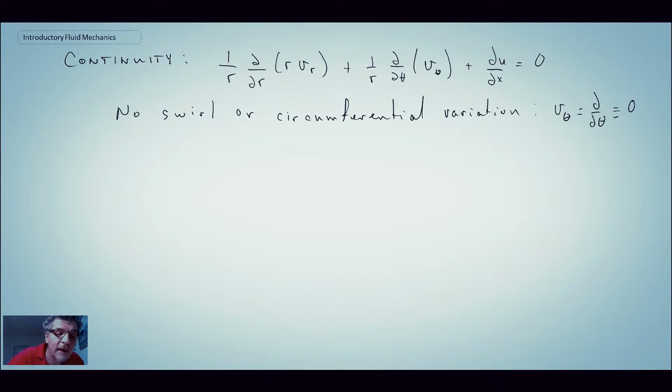With that, looking at continuity, this term disappears. And we are dealing with fully developed flow, where the velocity is not changing as a function of axial position, and consequently that term drops as well.